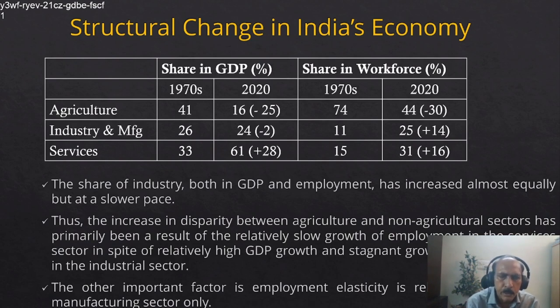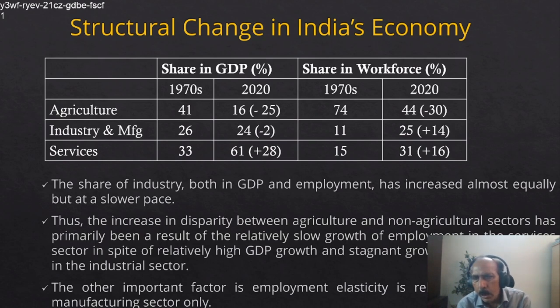As far as industry and manufacturing is concerned, the share of this sector in GDP remains almost stable, rather marginally declined during this period from 26% to 25%. And the services sector has shown a significant increase of 28 percentage points in its share in GDP, from 33% in the 1970s to 61% in 2020.